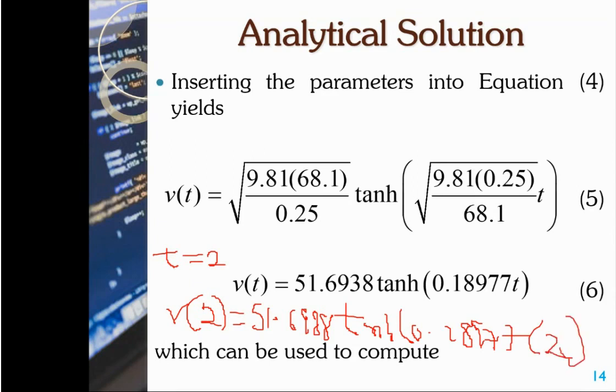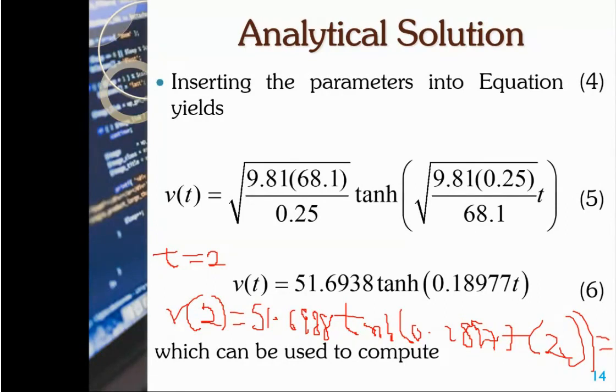Remember, we are looking for the velocity at time 2 seconds. Forgive me, my writing here is very terrible because I'm using the mouse, but I believe we get the point of what we are trying to calculate here. So once you use your calculator to punch in this, you are going to get a value.